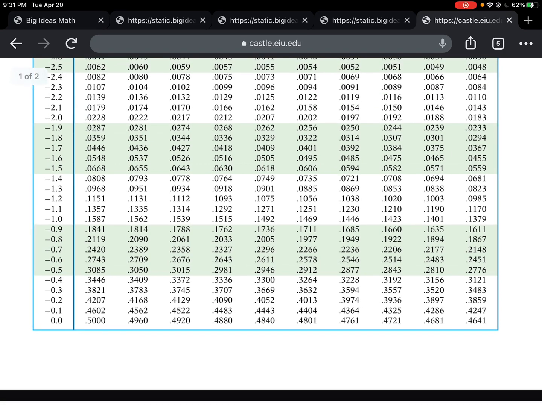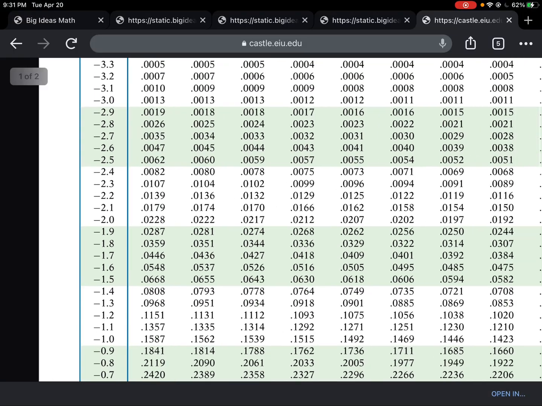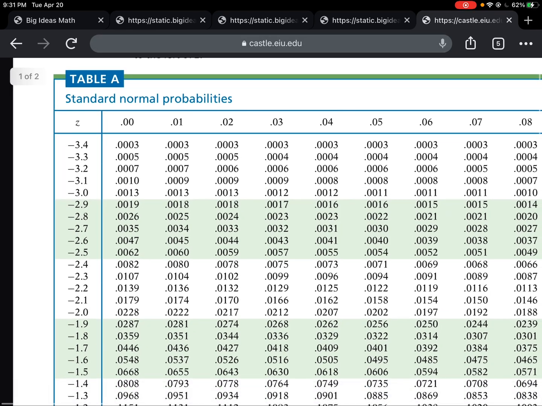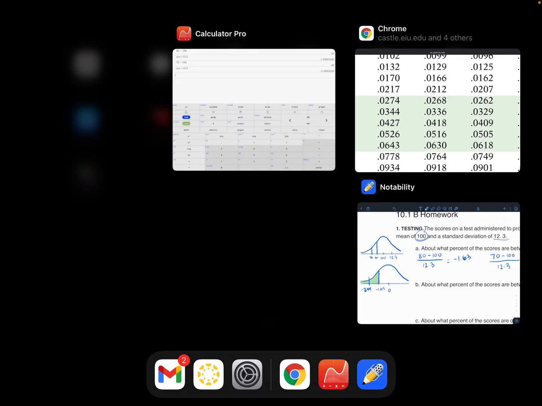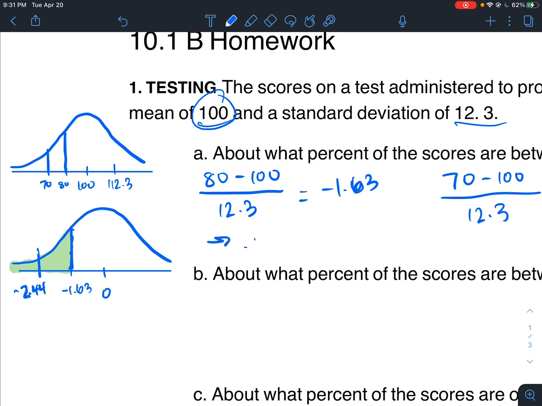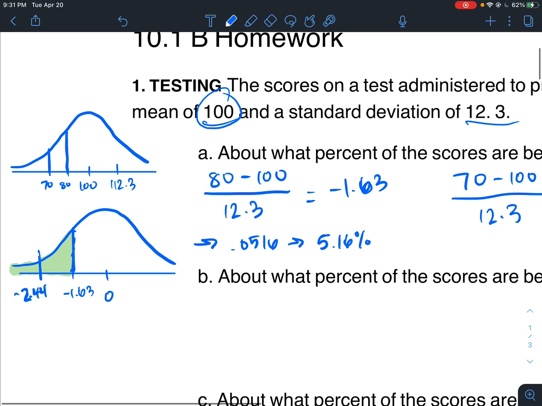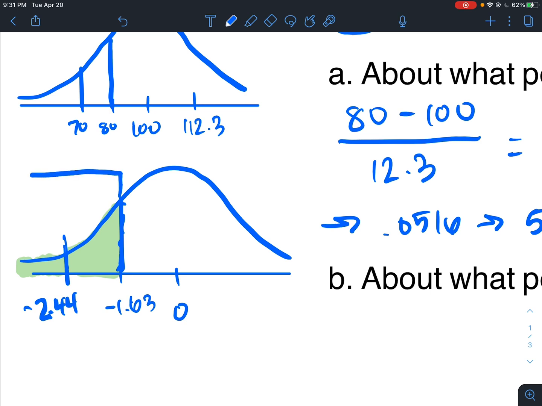So negative 1.6, there's negative 1.6 right there. But then the 2 decimal places over is going to be in this column. So 0.0516, or in other words, as a percentage, that would be 5.16%. That 5.16% represents the area under the curve for this much right here.